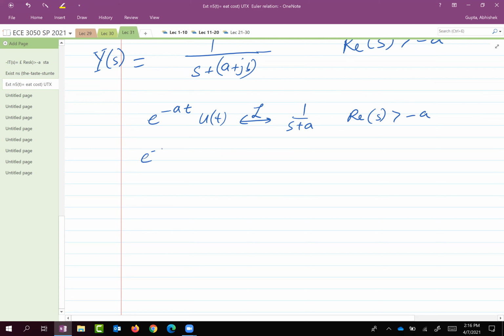And if my signal is e raised to negative a plus jbt ut, then my Laplace transform is 1 over s plus a plus jb, real part of s greater than negative a.